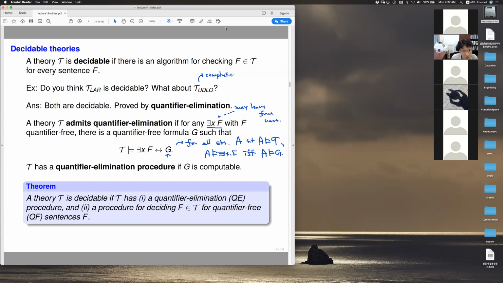So for this F, we focus on the quantifier free. So it's much simpler formulas than the general first order logic formula because it doesn't use any quantifier. Second, it has to be a sentence, which means that it doesn't have any free variables.